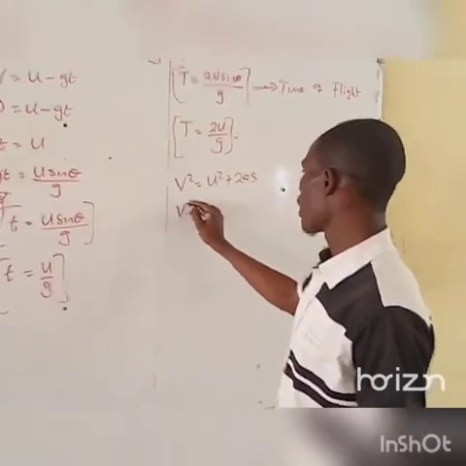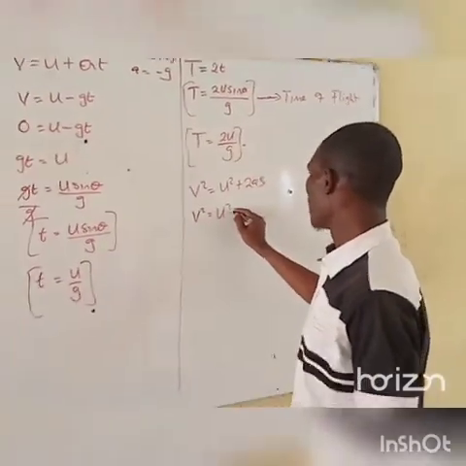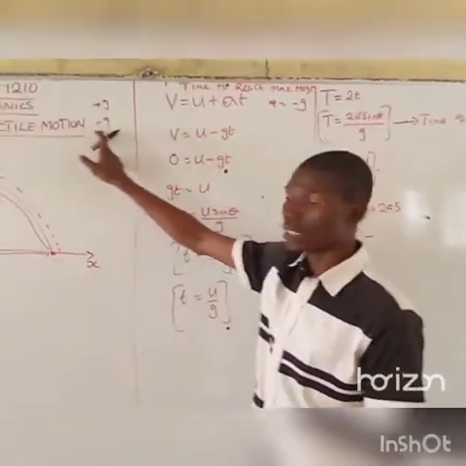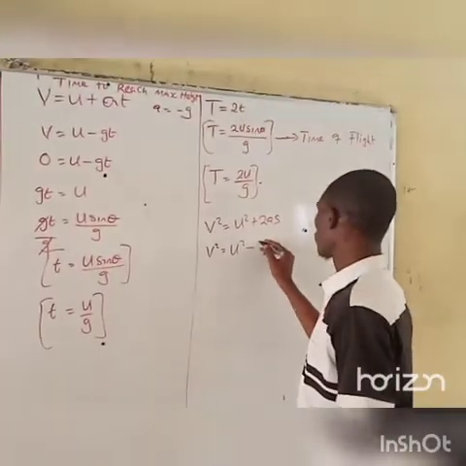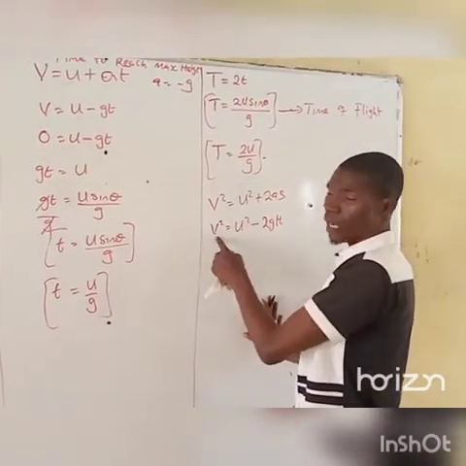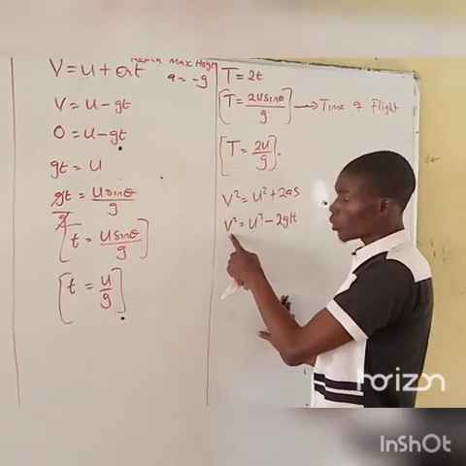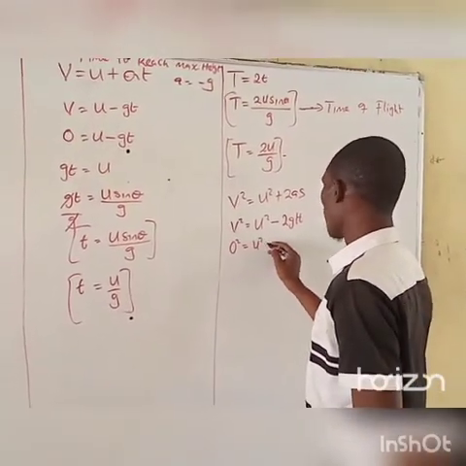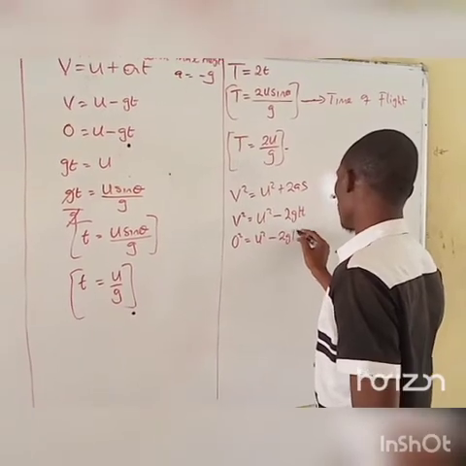So v square is equal to u square minus 2gh, since it is against gravity, it's now negative g. Recall that at maximum height, velocity is equal to 0. So we can say 0 square is equal to u square minus 2gh.